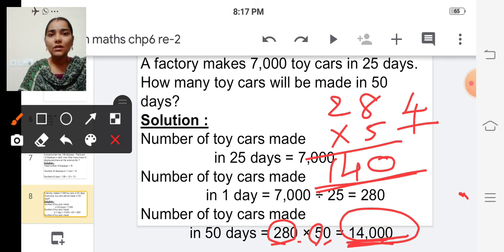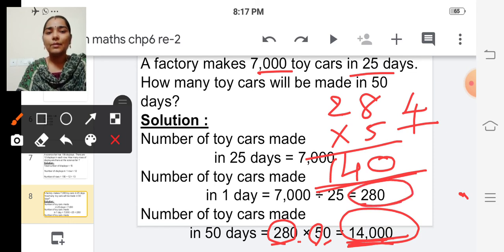So to find out in one day, we have to divide the total number of cars by the total number of days. That is 7,000 divided by 25. So we'll get the number of cars made in one day.